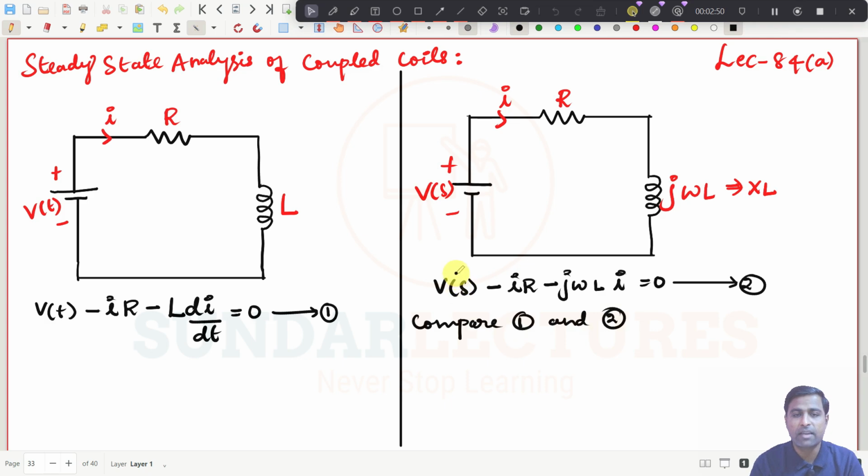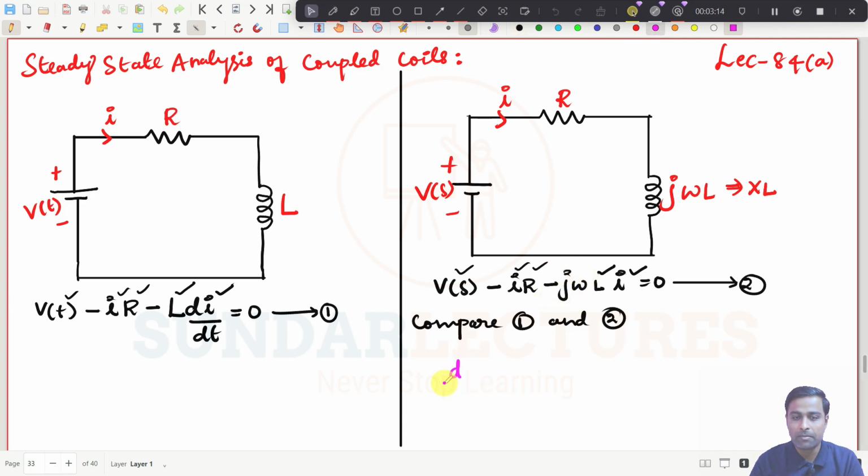Everything is the same. This is V of S and this is V of t. I into R, I into R, minus, everything is the same. Here also you have L, here also you have I. So the operator d by dt can be replaced with j omega. That is the point I need to conclude.